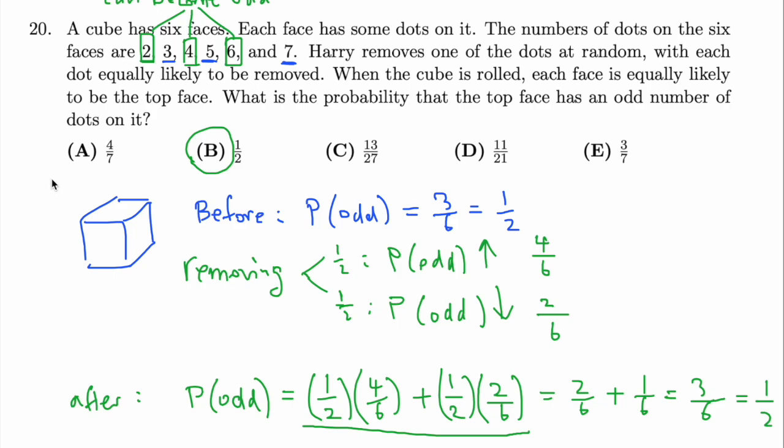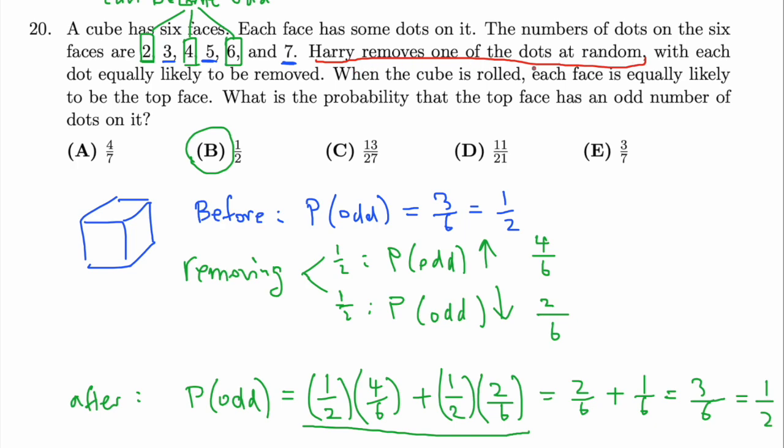Look at the answer key, and it turns out my solution is totally wrong. Where I messed up is I thought that Harry removes one of the dots from a random face, but in fact, the question says Harry removes one of the dots at random.